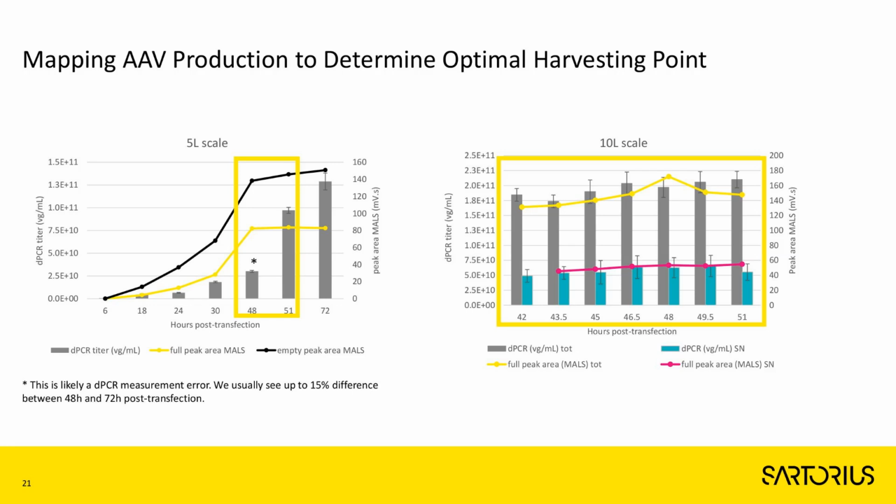So to look more into detail in this region of interest, we have also scaled up our process to 10 liters, and we have more closely mapped the process in between 42 and 51 hours post-transfection. So this is the part which is marked in a yellow box on the left side. We now made a zoom in on a higher scale. And as we expected, there were no significant changes in titer as well as percent of full.